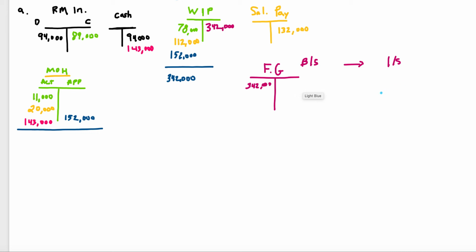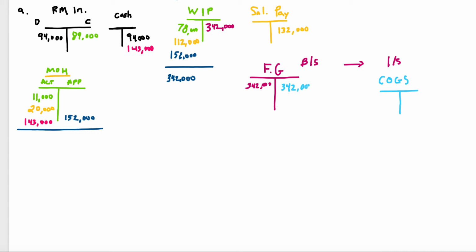So in order to do that, I'm going to come over here and create a T account for my COGS, cost of goods sold. Okay, so I'm going to take $342,000 and credit my finished goods account.